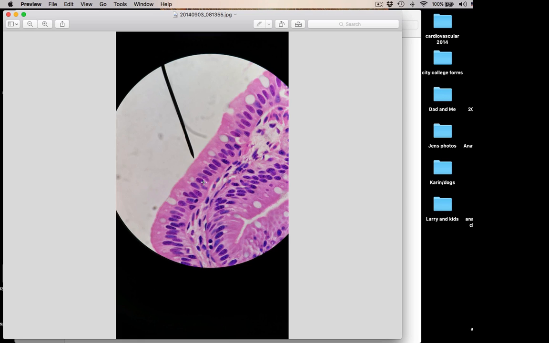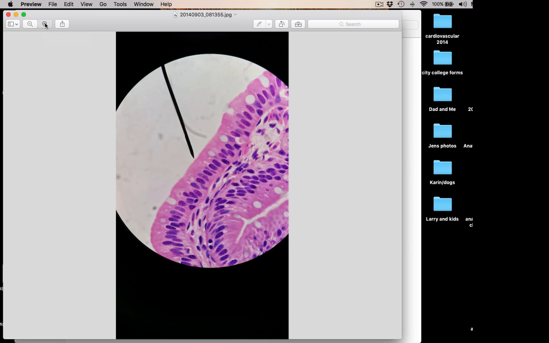So this is our epithelial tissue. Even on this mag, you can pretty much tell these are columnar cells. Look at the nuclei here. They're elongated. Remember, columnar cells, their nuclei are elongated. They look tall, just like the columnar cells themselves.